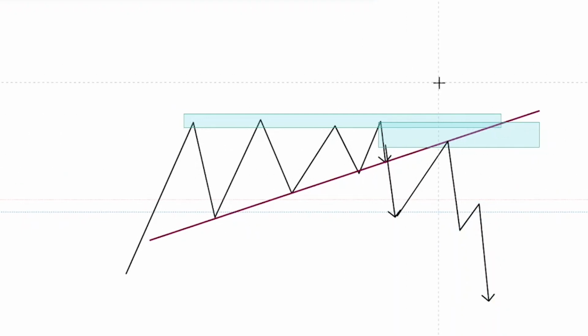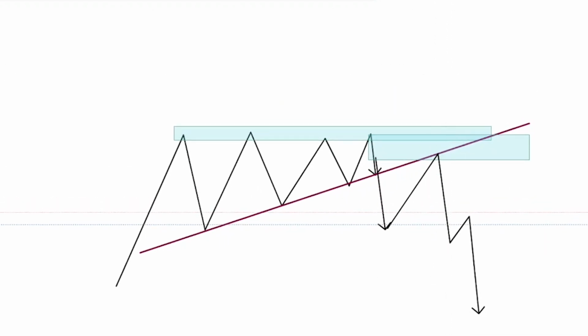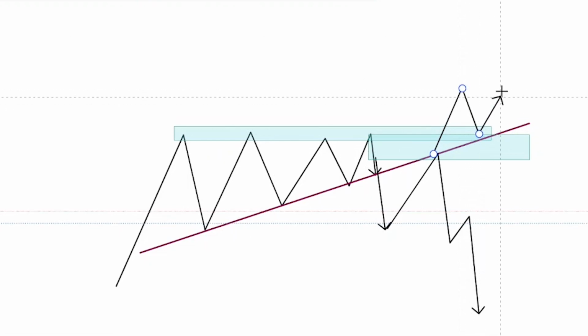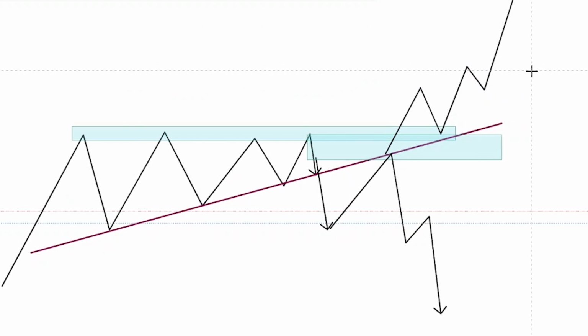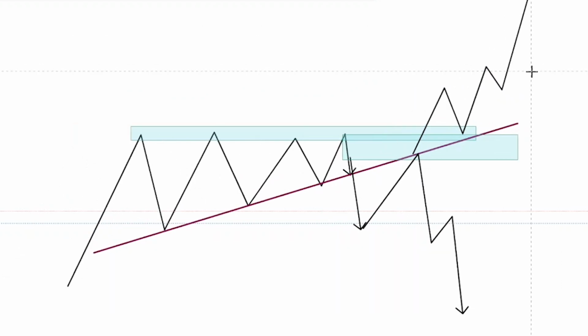Now, on the upside, we are also going to be waiting for the breakout and waiting for the areas of demand, and then we can take our buy from those areas, anticipating the market to continue to the upside. Those are two ways to trade this chart pattern.